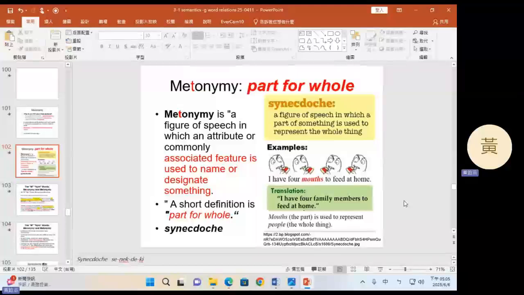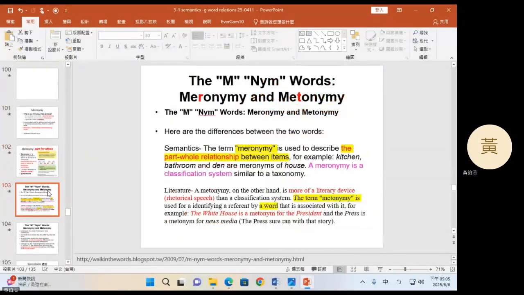"I have 4 mouths at home to feed." Right. So here, mouths means persons or people. So, part-whole relationship.